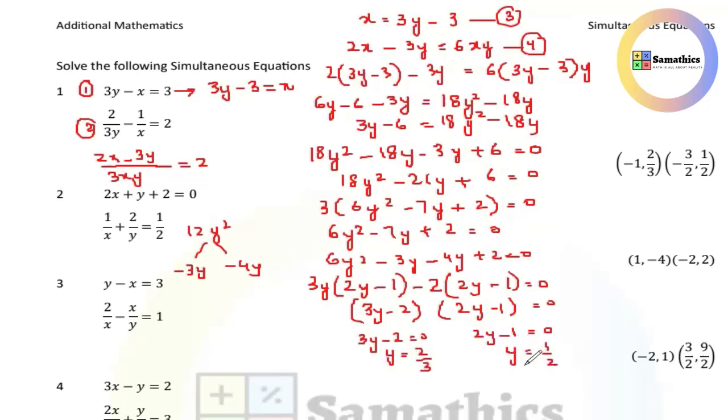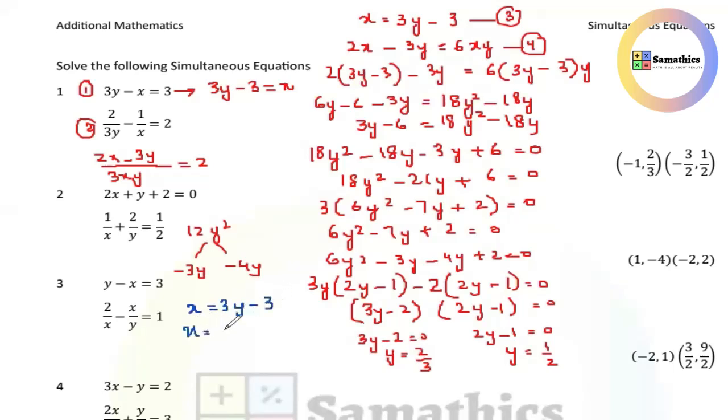And then we will take out the value of x. So we can substitute, okay, for x, I'm doing working over here. X is equal to 3y minus 3.